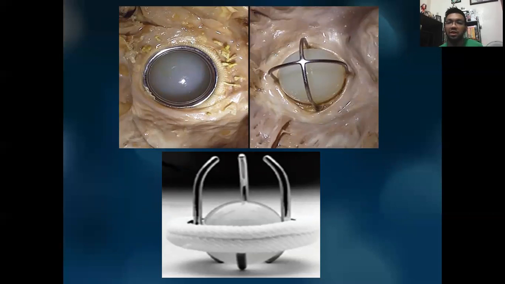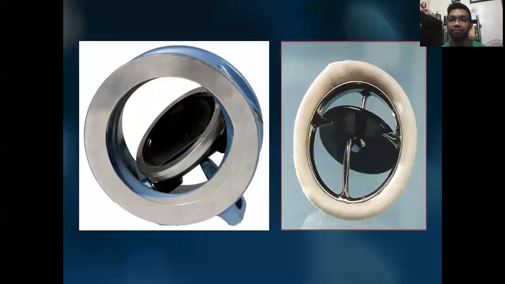So with this mechanism, once blood is going to pass through it, the ball will go down. And once the ventricle contracts, the ball closes that opening there in order to prevent the backflow of blood. So this is another example of a prosthetic valve.